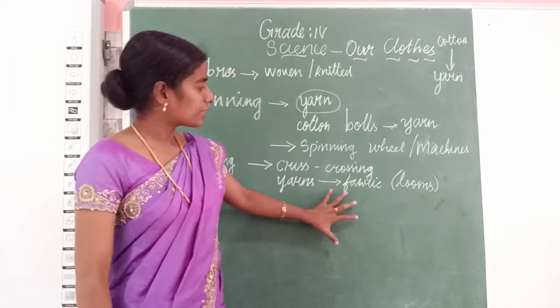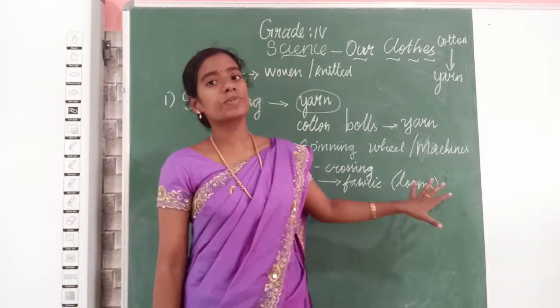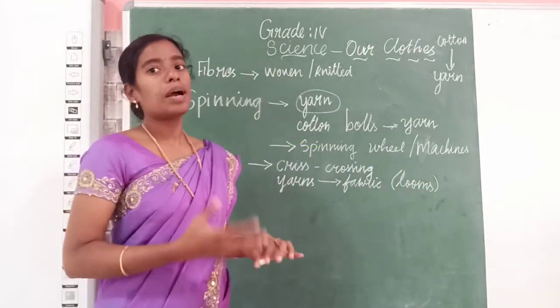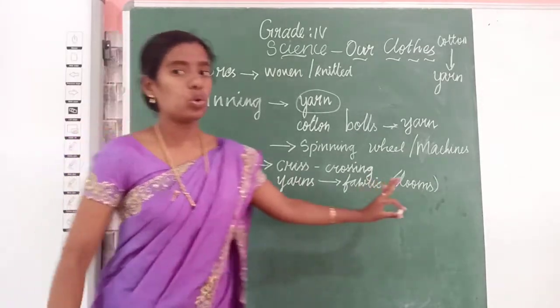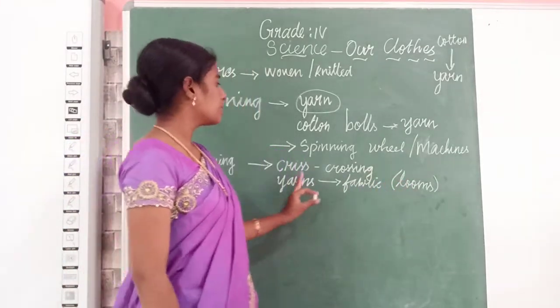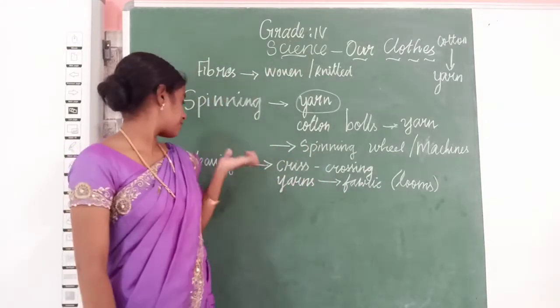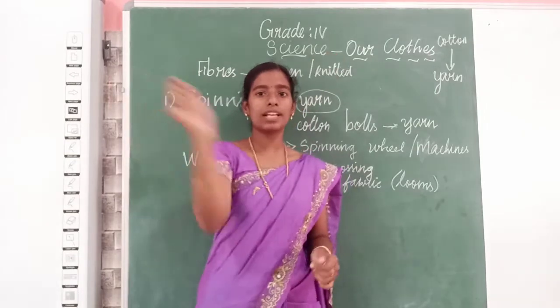This is done using looms. The machine used to perform this weaving is the loom. And the process happening in this weaving is crisscrossing. Have you seen people doing like this?